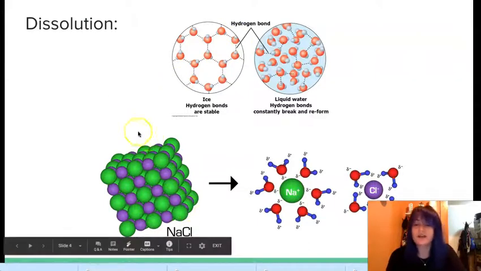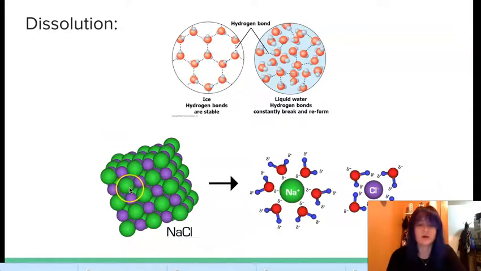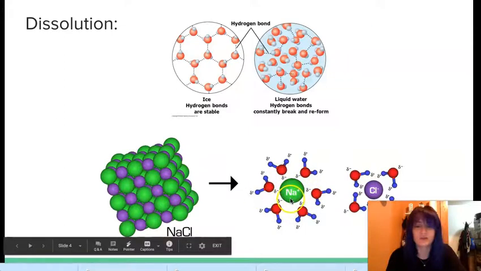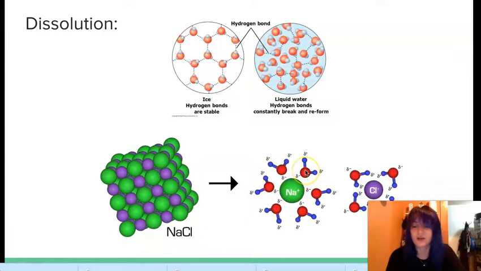When you have a salt dissolve, for example, so let's look at sodium chloride. What happens is the water is going to form new intermolecular forces with those ions. As you can see here, this is called the shell of hydration. And what happens is the water molecules are going to surround the ion in such a way as to produce favorable electrostatic attractions.